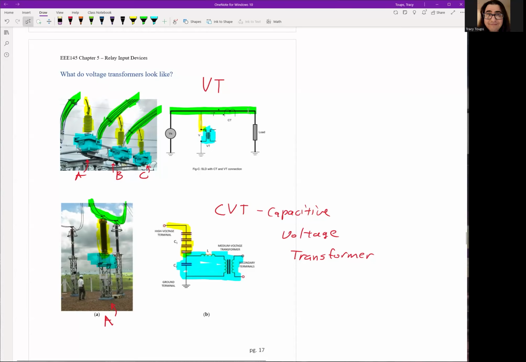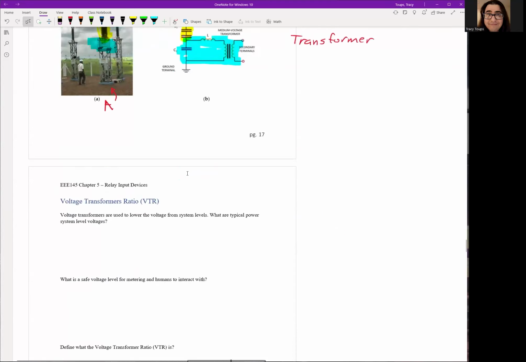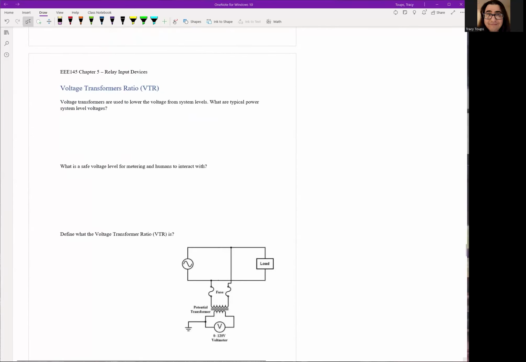We're going to mainly concentrate on the top one, the VT, for now, and we'll briefly talk about the CVT as well. All right, so let's keep on going. Remember, the whole point of this is to take high voltage and transform it into a lower voltage, so the meters can use it. We can interact with it if we need to attach a meter to it.